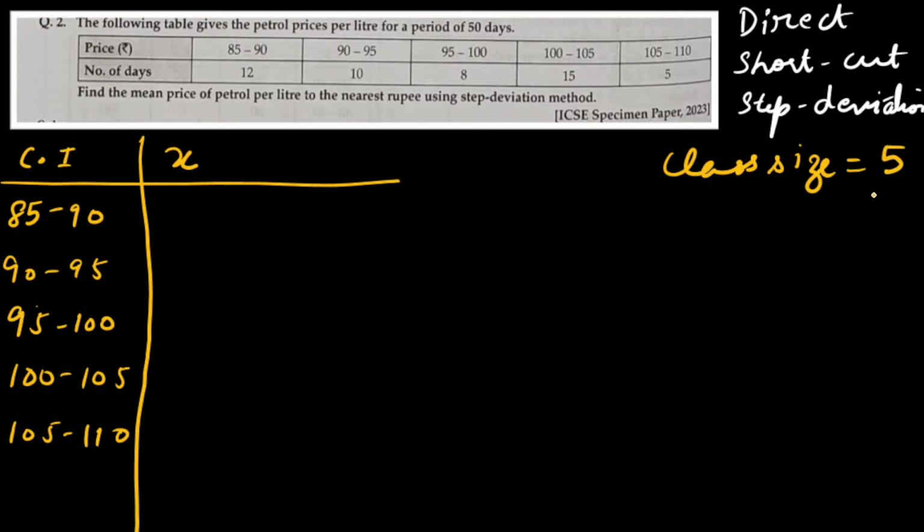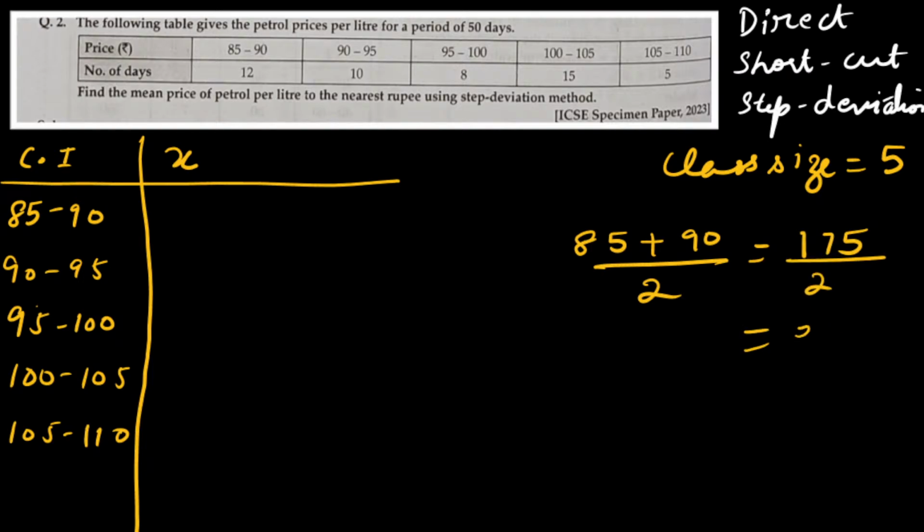In this question, the class size is 5. So for the first one, class mark is 85 plus 90 divided by 2. That is 175 by 2, so 87.5 you will get. The first class mark is 87.5.